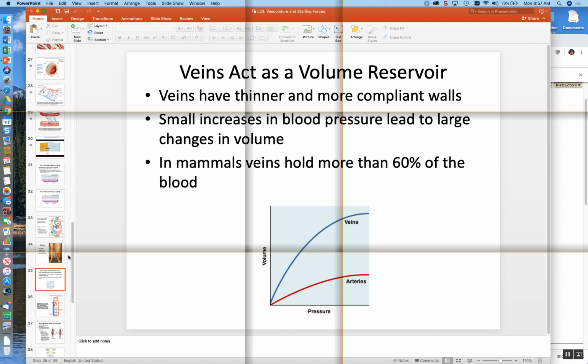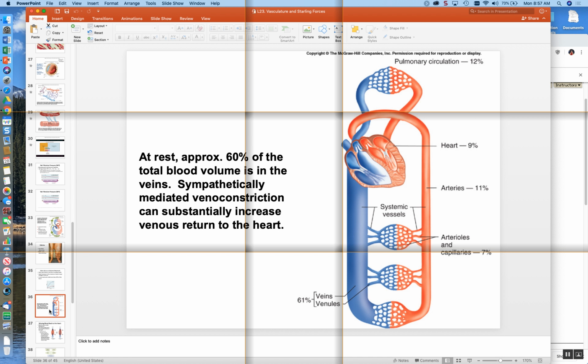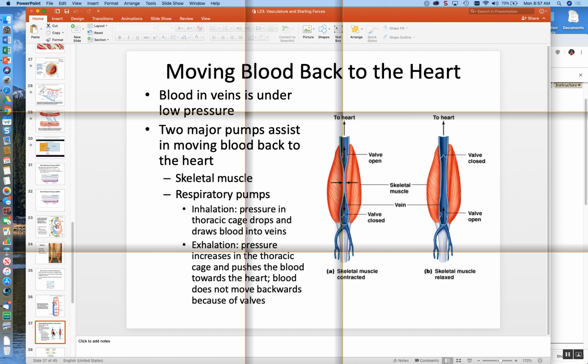What usually occurs is that in the veins you have one-way valves to make sure that the blood keeps moving in a unidirectional way. And your skeletal muscle and your respiratory muscles, when you just breathe in and out, actually help return blood to your heart, which is kind of interesting. This shows you right here, skeletal muscle and your respiratory muscles help to return blood to your heart.